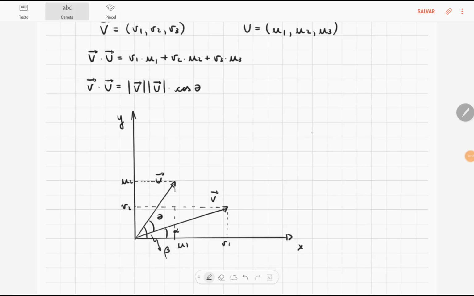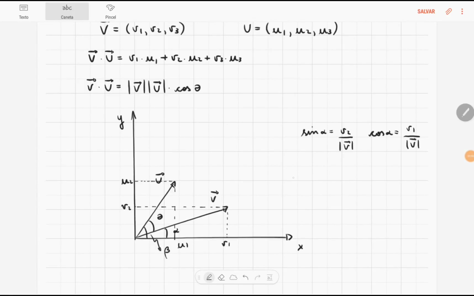So we may write the sine of alpha is equal to v2 over the magnitude of vector v, and the cosine of alpha is v1 over the magnitude of vector v.